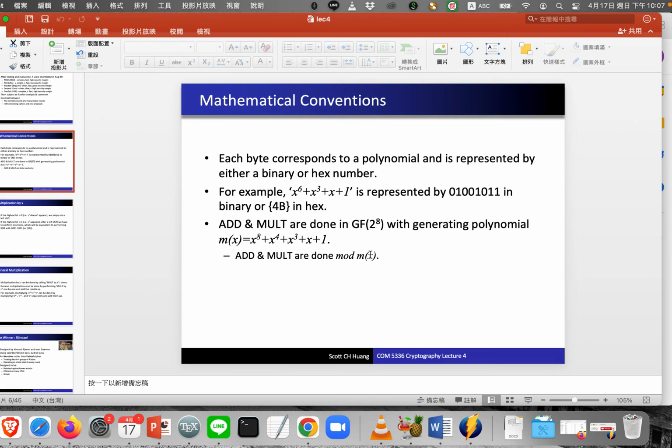So in this case, the characteristic of this GF256 is actually 2. As we can see, for a general finite field, the number of elements in a finite field must be the power of a prime.